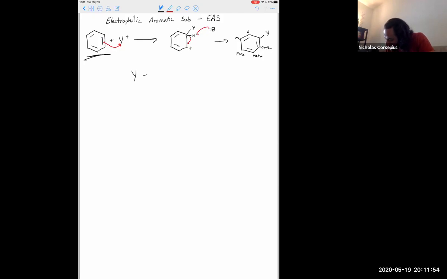So this is going to be when Y equals, I'm going to put down a bunch of different groups, and you're going to organize them in terms of being either strongly activating, all the way down to strongly deactivating, with the midpoint here being when Y equals just a hydrogen, meaning just a naked benzene ring, right?